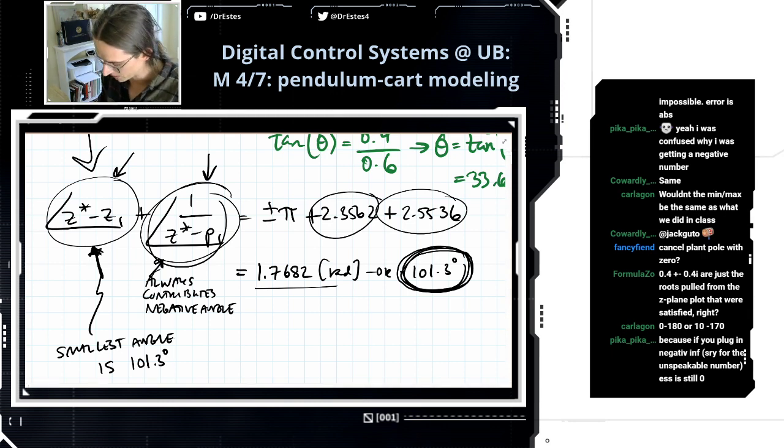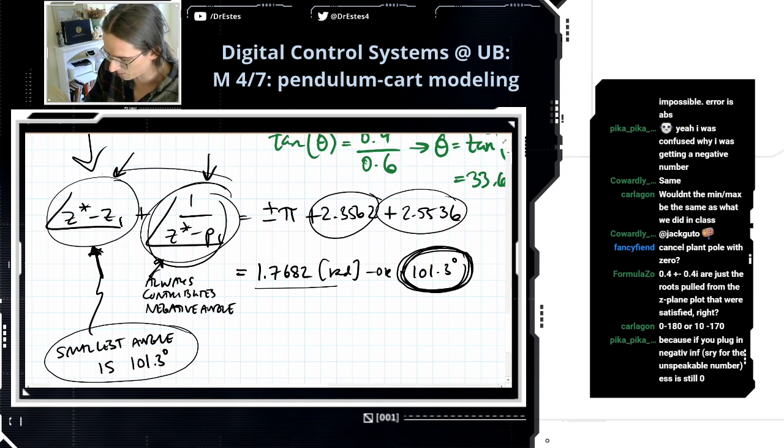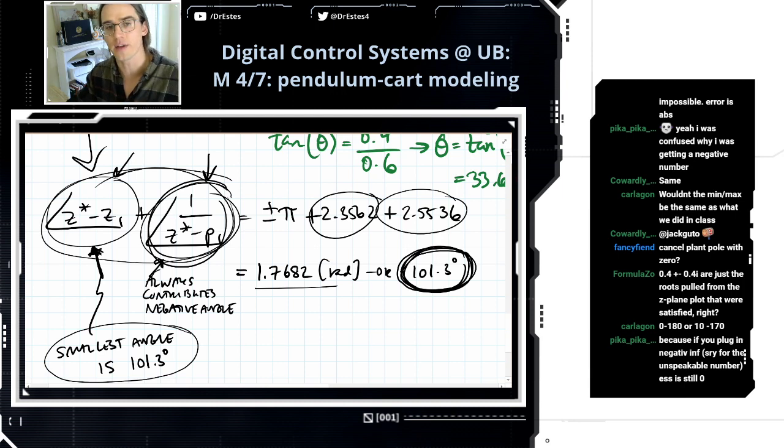The reason this is the smallest angle that I can choose for the zero is because I need the combination of these angles to be 101.3, right? And the pole only gives a negative angle.